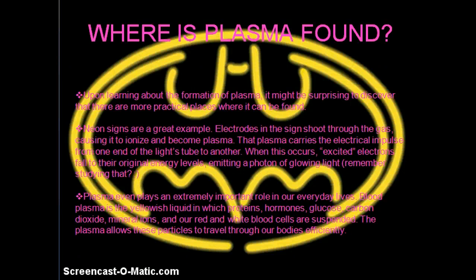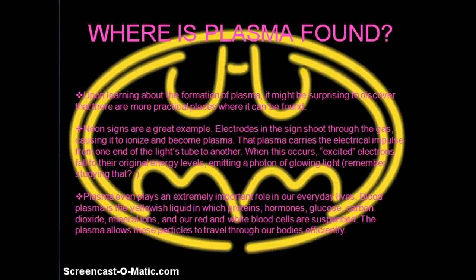That plasma carries the electrical impulse from one end of the light's tube to another. When this occurs, excited electrons fall to their original energy levels, emitting a photon of glowing light. Remember studying that? Now, it is important to know that neon is not the only gas used in the so-called neon signs. Another great inert gas called argon is often used as well.